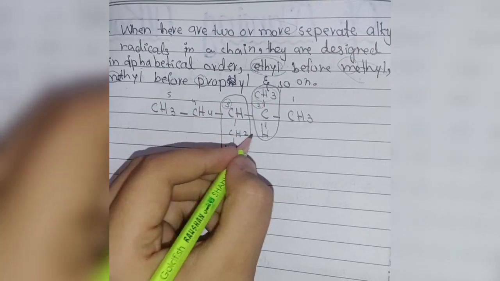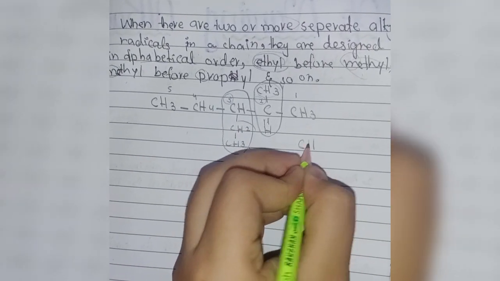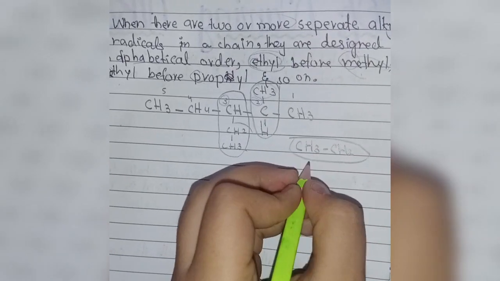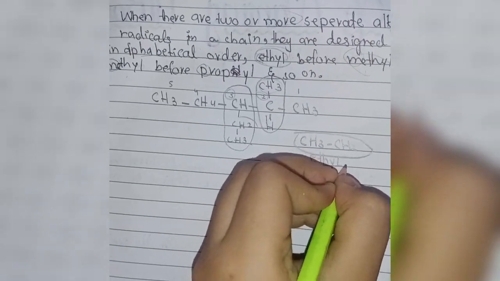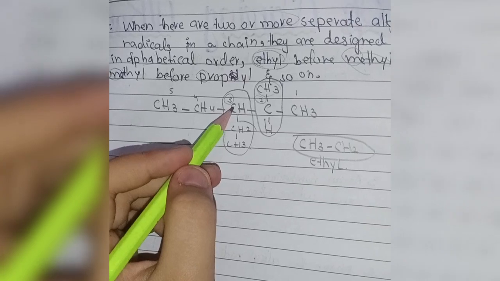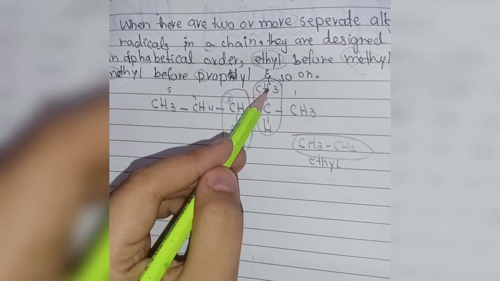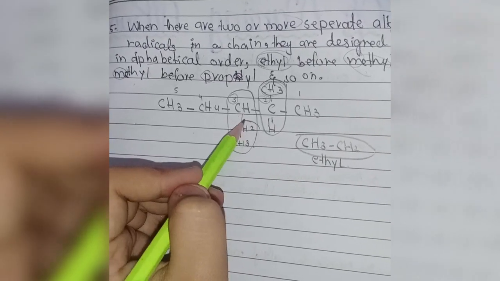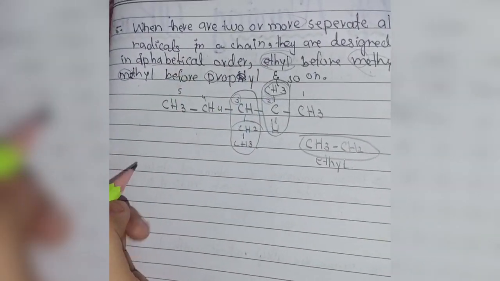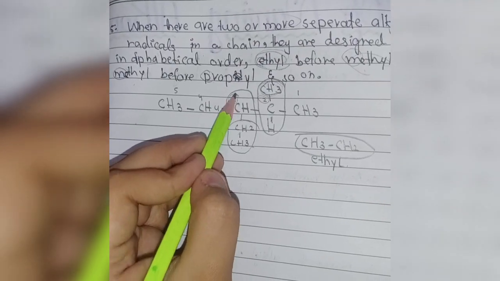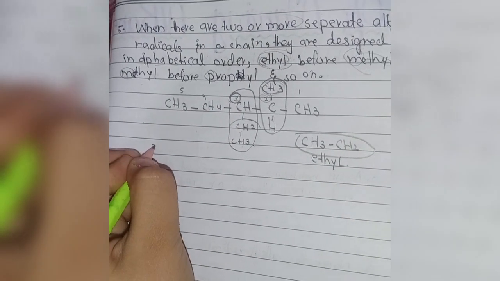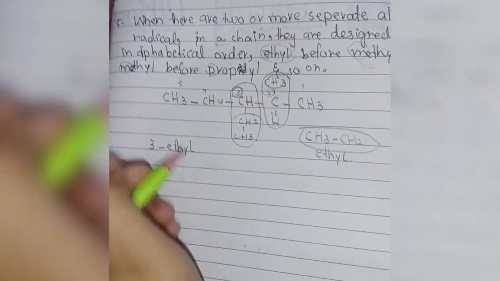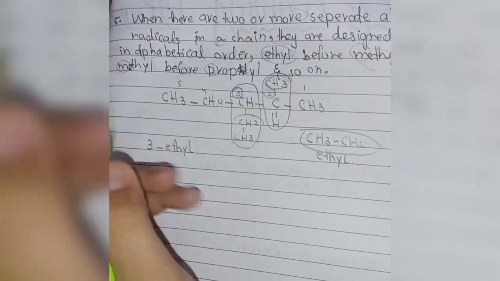If we put CH3 and CH2, this is the formula of ethyl. So we have put ethyl first. Here ethyl and methyl are both. This is the methyl and this is the ethyl. So what I said, in the alphabetical order, E comes first, so we will write the ethyl first, and the ethyl group is on the third one, 3 ethyl, and methyl is on the second one.